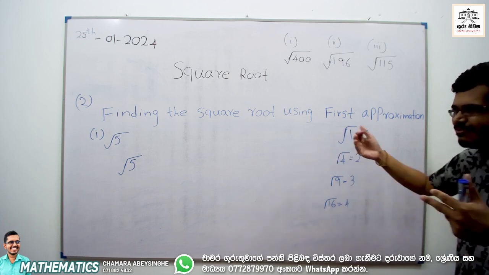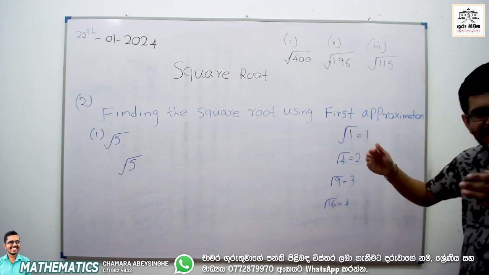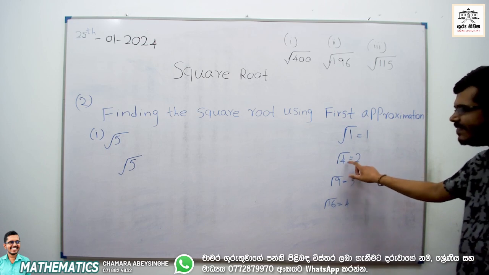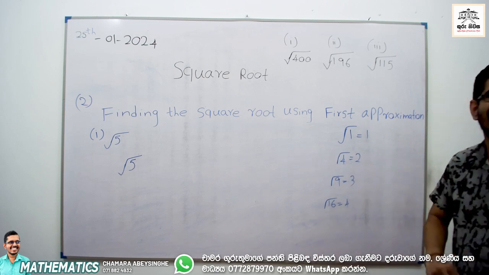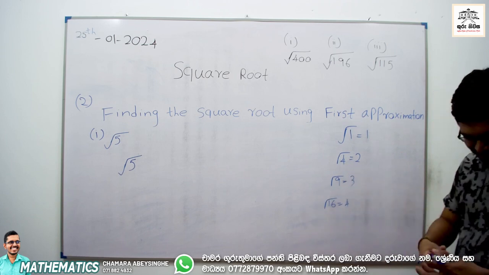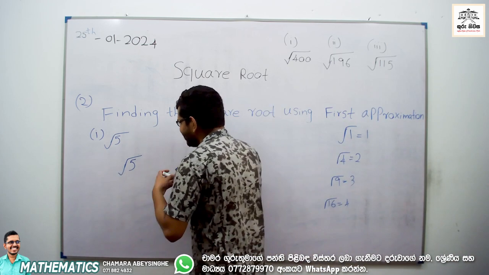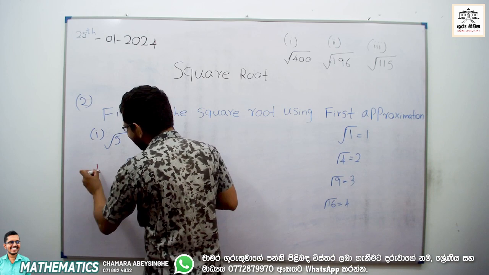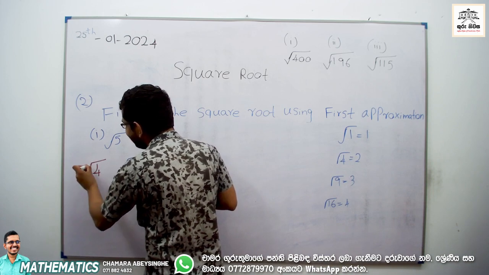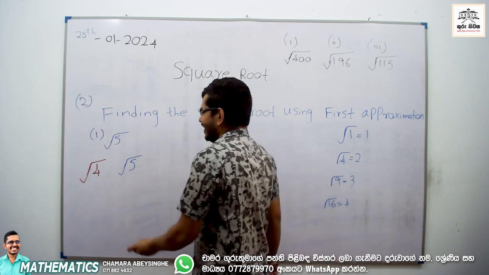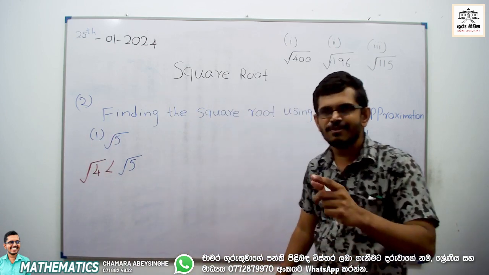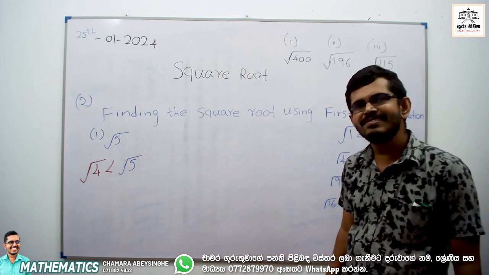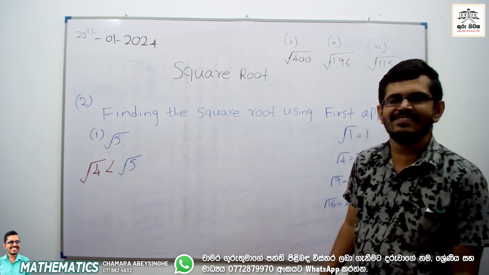Okay, 1 is less than 5, but it's not the nearest one. 4 is the nearest. 9 we can't get, 9 is greater than 5. So the number is 4. In left hand side I can get the square root 4. Okay, 4 is less than 5.